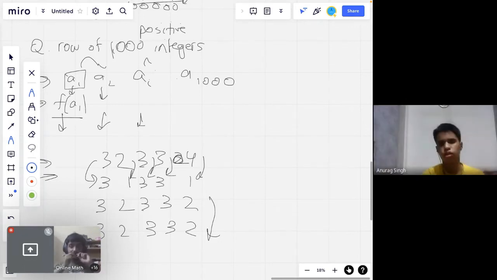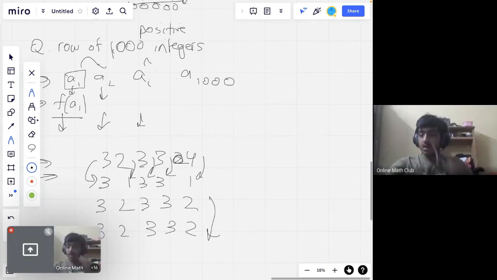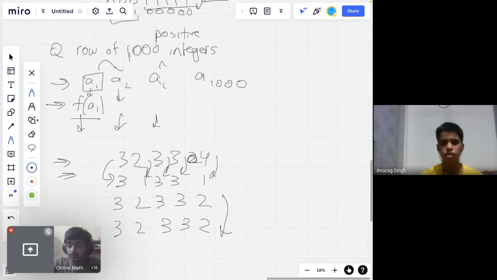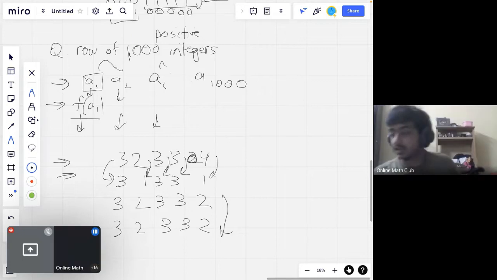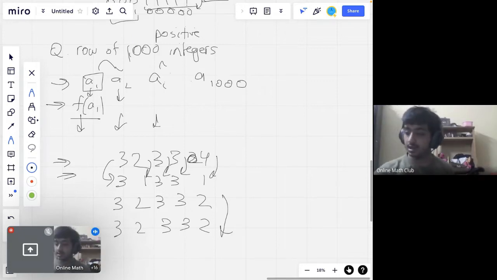Oh, right, yeah. Actually, I found an invariant. The invariant is that after the row one, the sum remains constant and the sum is always 1000. Correct. Can everybody see that? That is an observation you should make.